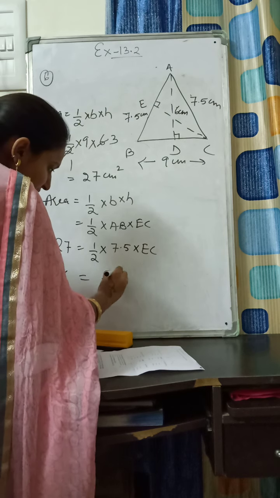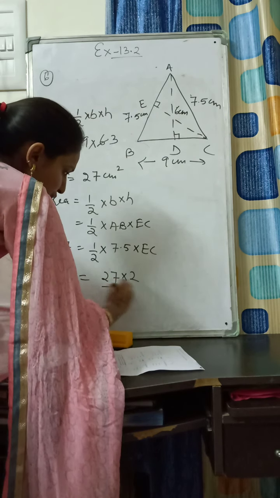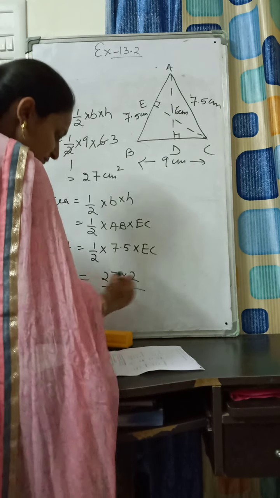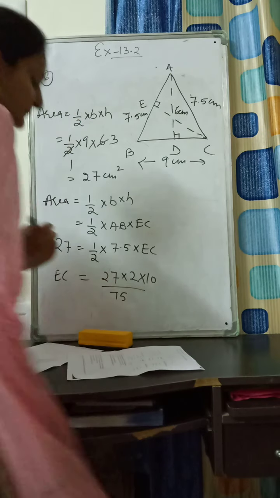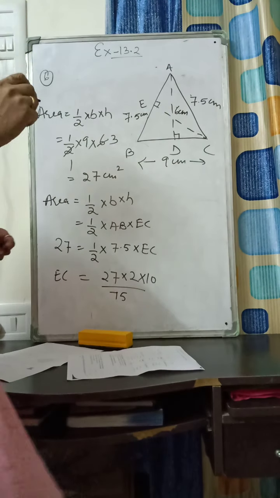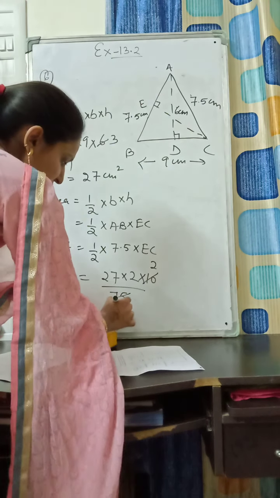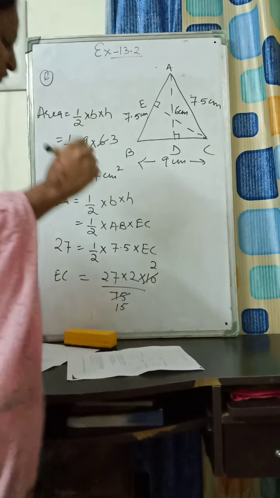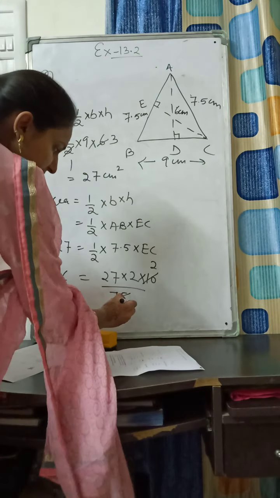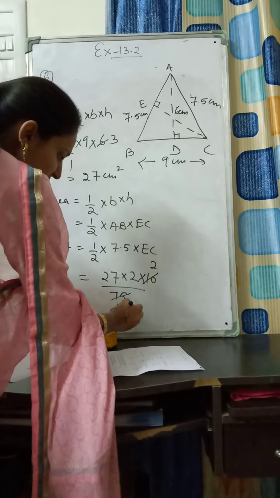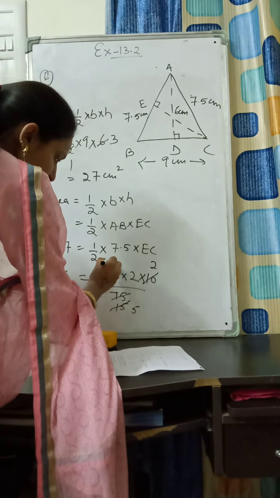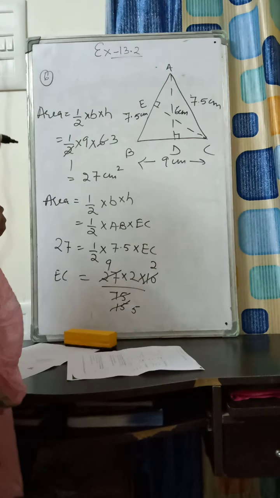And here EC will be equals to 27 into 2 upon 75 multiplied by 10. So here when we cancel out by 10, 5 2s are 10 and 5 1s are 5, 5 5s are 25. Again by 3, 3 5s are 15, 3 9s are 27.